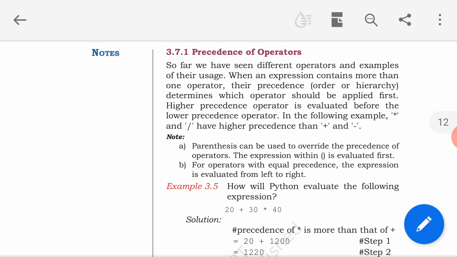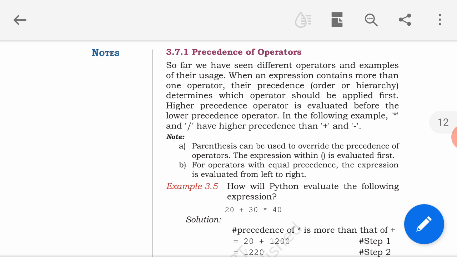But sometimes we have expressions in which we have other types of operators apart from arithmetic operators. Then in the operator precedence, first of all arithmetic operators are evaluated, then comparison or relational operators have the precedence.